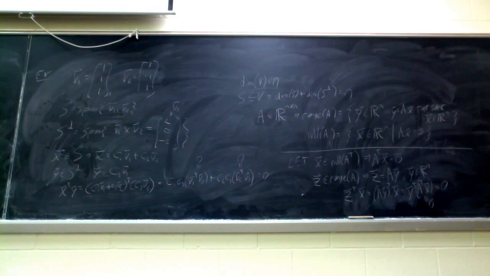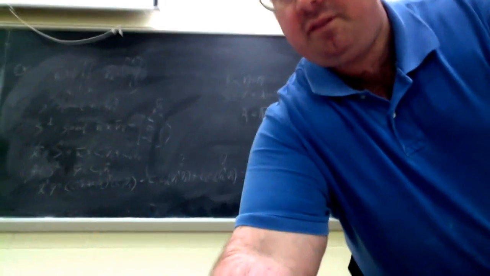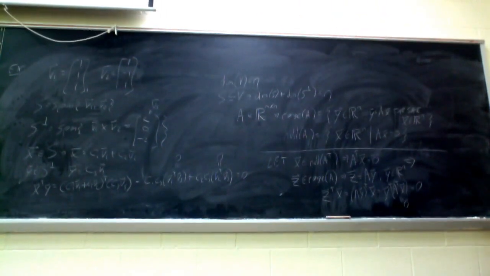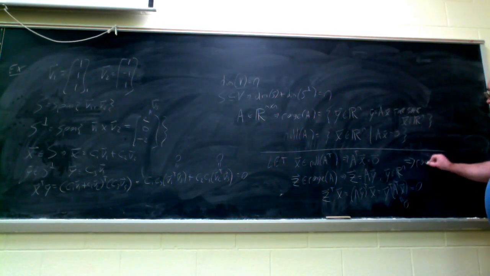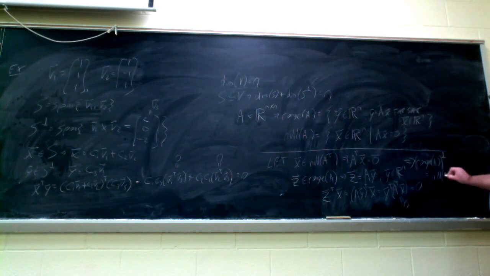So what I've just shown is that an arbitrary vector in the null space of A transpose is orthogonal to any arbitrary vector that's in the range of A. So the range of A orthogonal complement is the null space of A transpose.